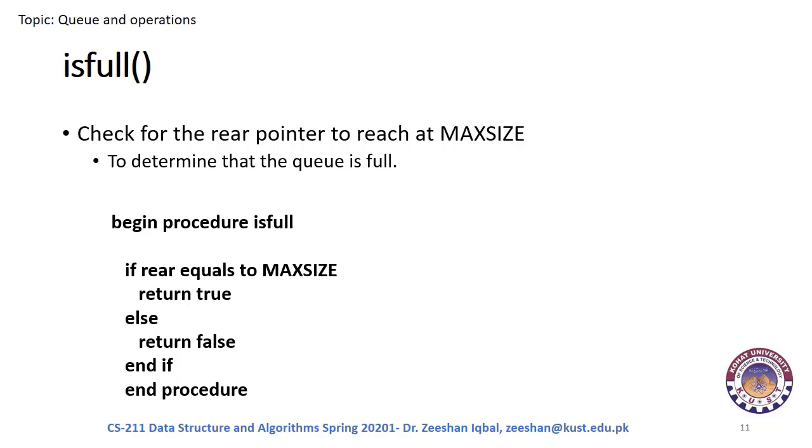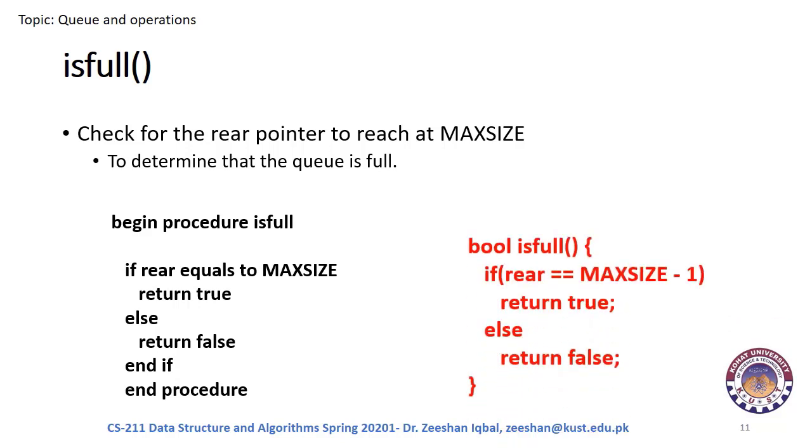In the else case, we have to return false. Simple, this function is written as a Boolean function. Here is the C function for isFull, where we have to specify the type of function as Boolean, and if rear is equal to max size minus 1, we have to return the true value, else we have to return the false value.